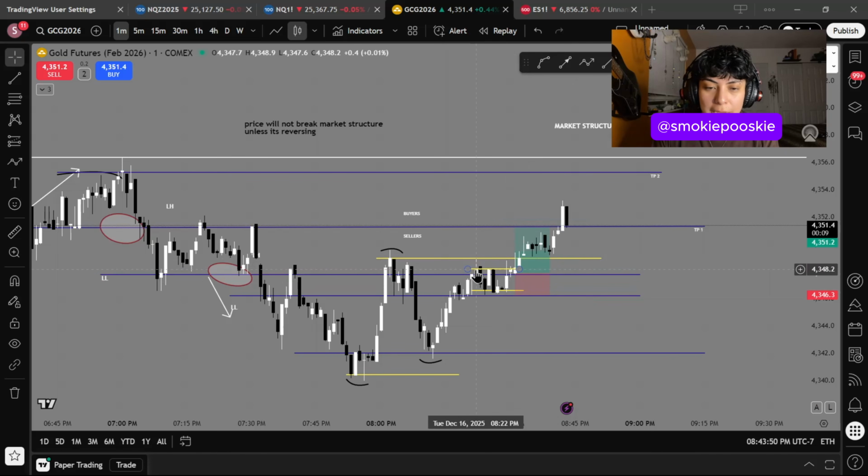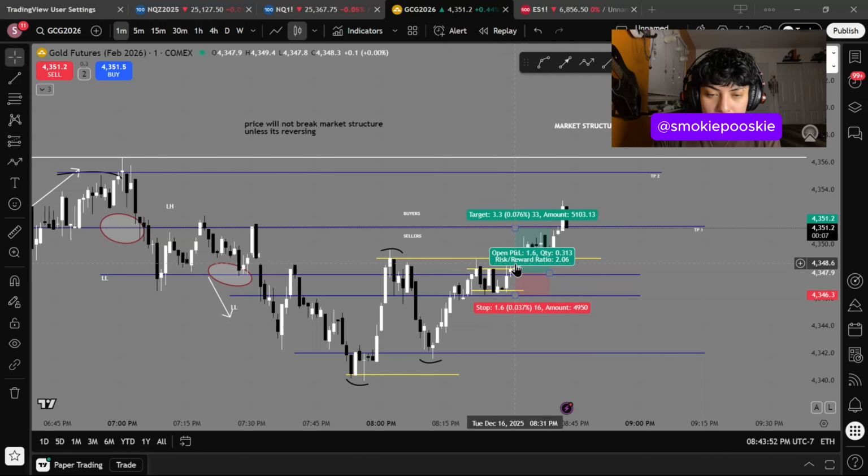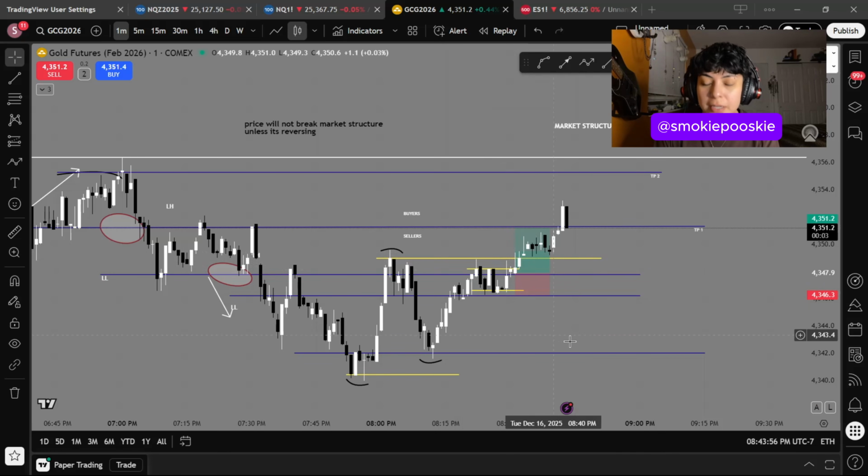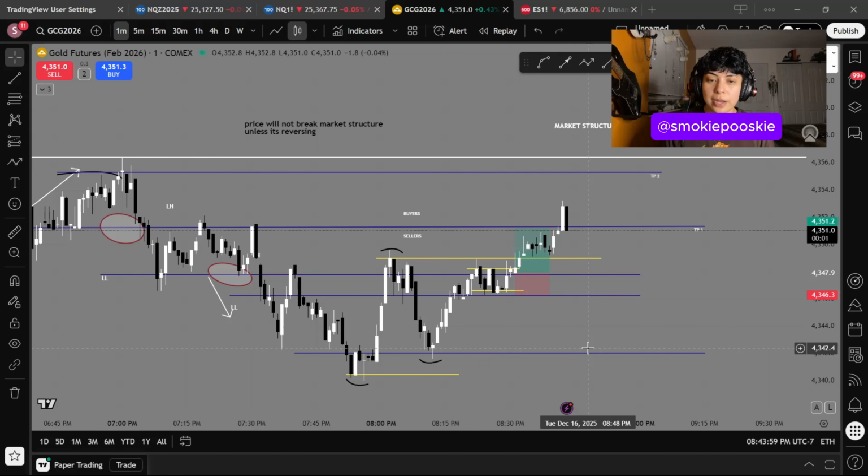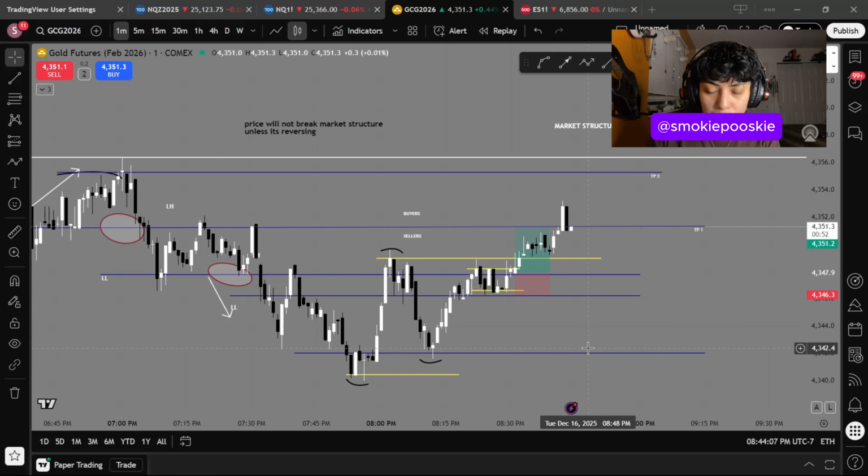But if you notice, this entry right here, once we have that indication, right? So this wick, we're counting it as an indication. Why? Because we're on the lowest time frame that we can be on, and we're not going to zoom in to the 30-second to see what that tiny little wick is made out of.